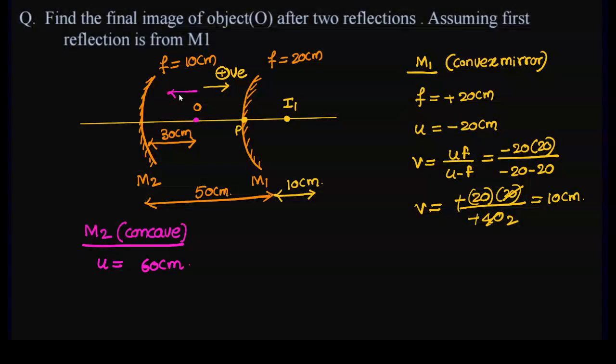Now this direction is positive for this mirror, and we need to start from the pole onwards. We are moving in the opposite direction. So that is minus 60.